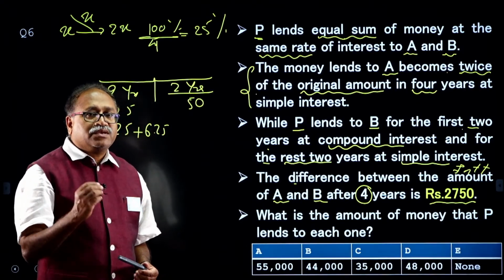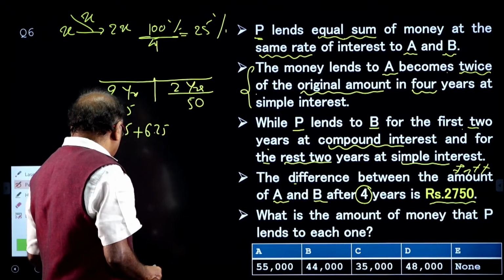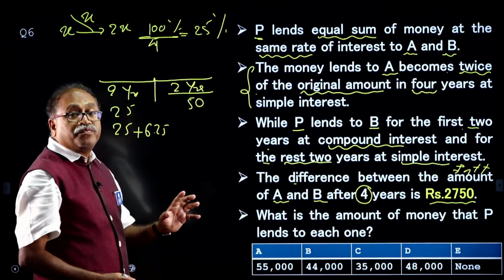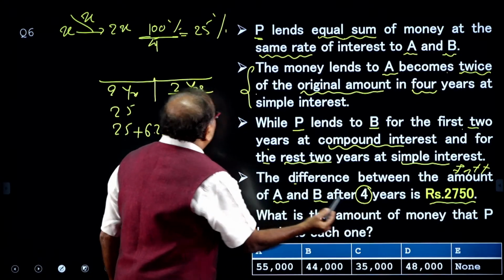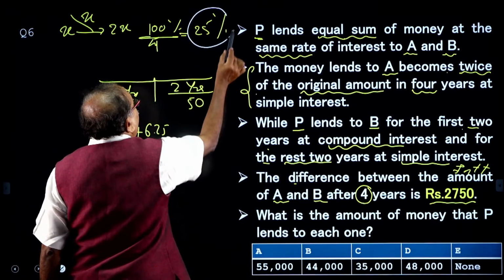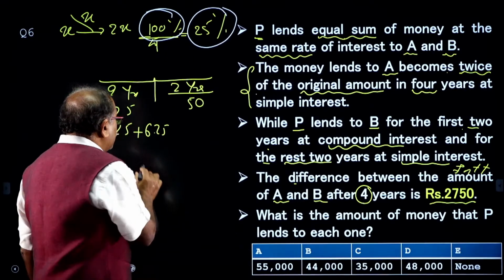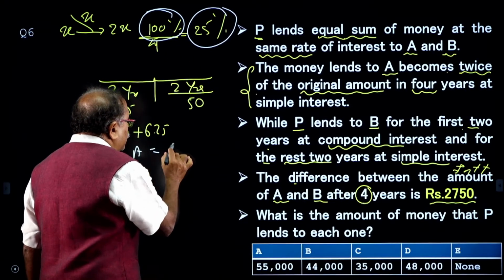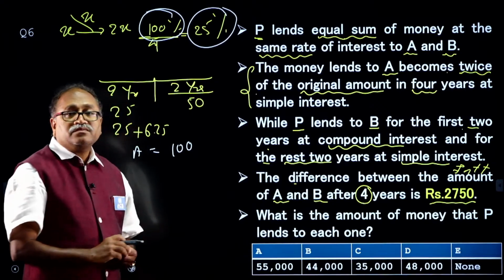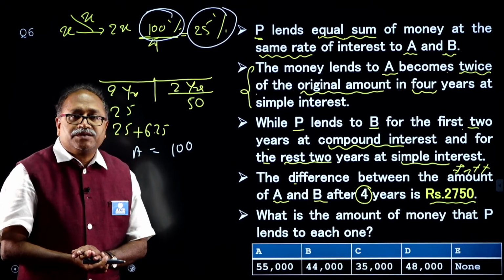Come on my friends, if you can understand it, then I will give some clue to you. For 4 years at the rate of 25% per annum, A's interest is 100%. How much is B's interest?